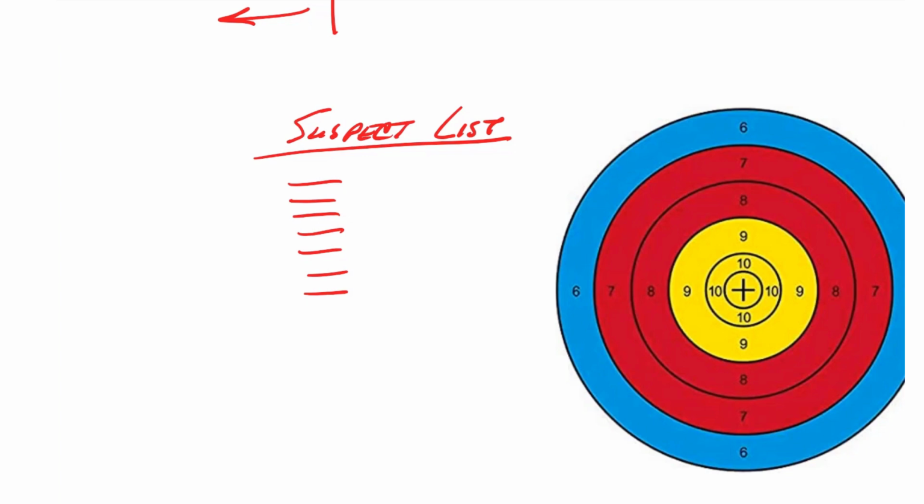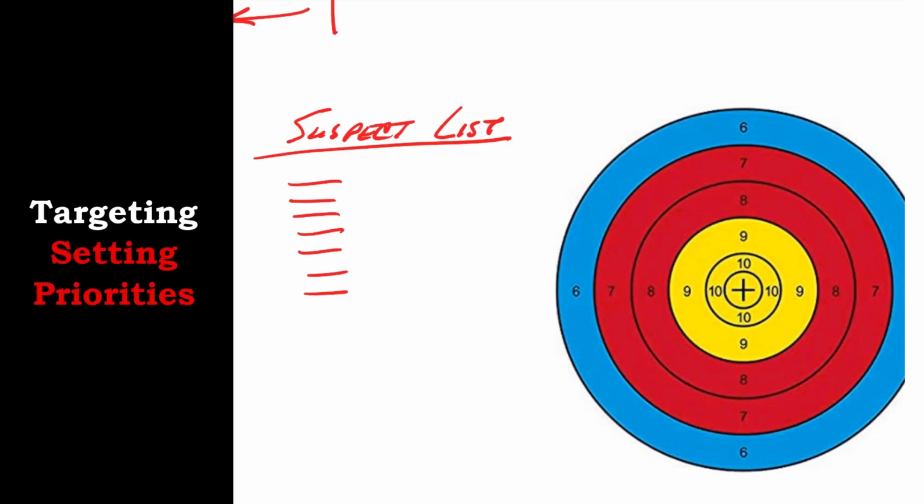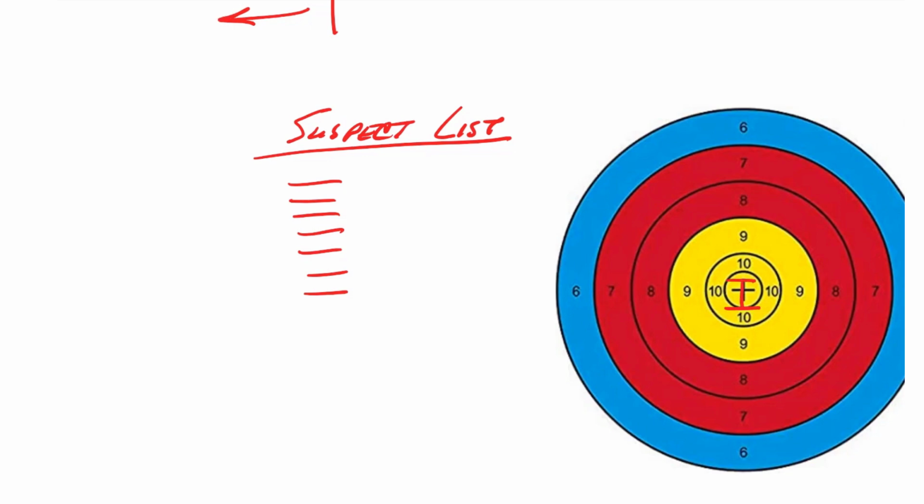And again, this targeting idea of setting priorities, where the yellow here are your first priority, the reds are your second priority, and anything, in this case, the traditional archery score would be 6 times 10 possible would be 60.